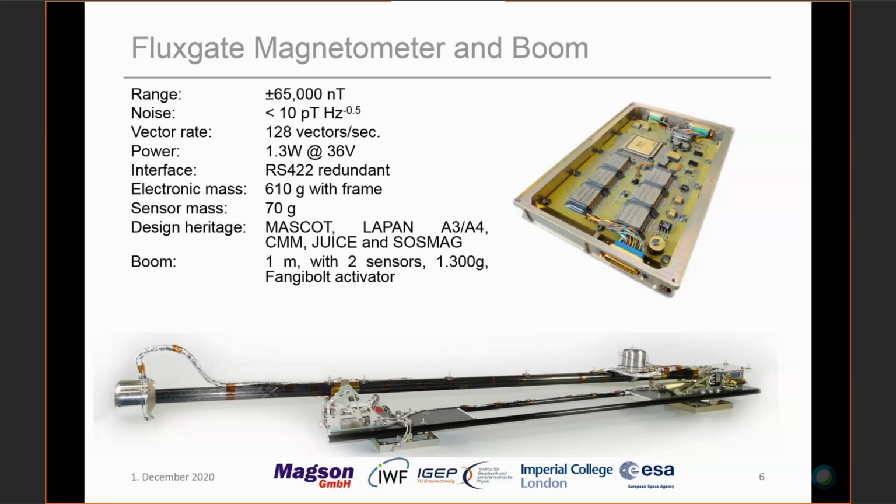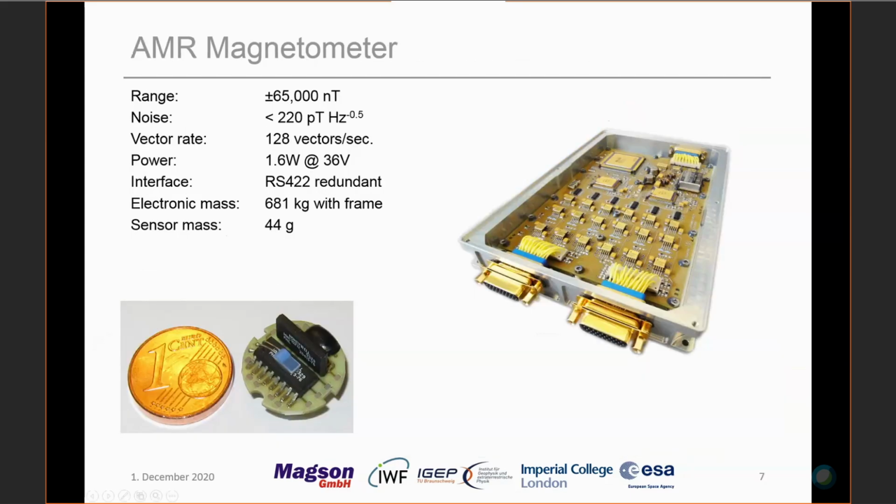Since we understood from this presentation that the AOCS platform magnetometer can be used to improve the SOSMAC performances, do you have an idea how many would be needed? It's difficult to give this. The problem is that the noise level of the AOCS magnetometers, with 200 picoteslas, is too high.